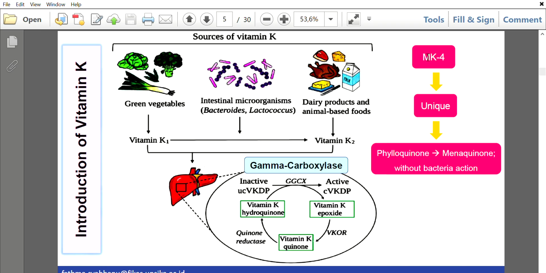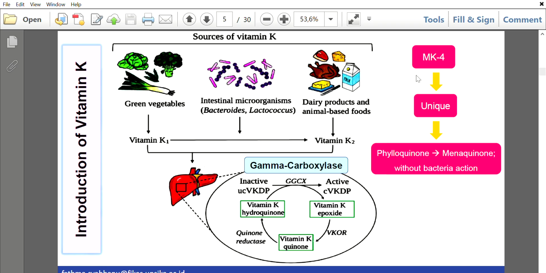So next, MK4 is one of the menaquinones. Menaquinone 4 is one of the vitamin K2 forms. The vitamin K2 form has many menaquinone forms in our body, like menaquinone 4, 7, 9, 10, and 11 to 13. The number shows the length of the side chain.